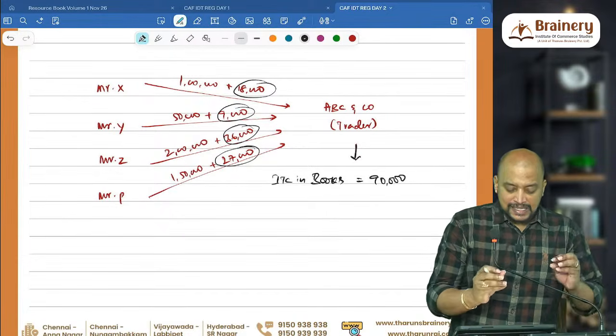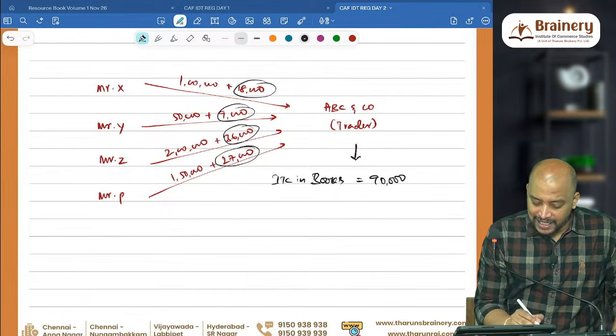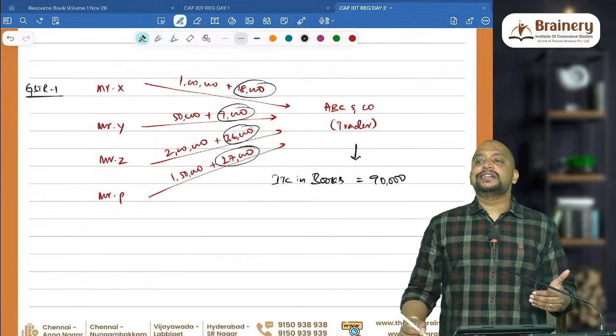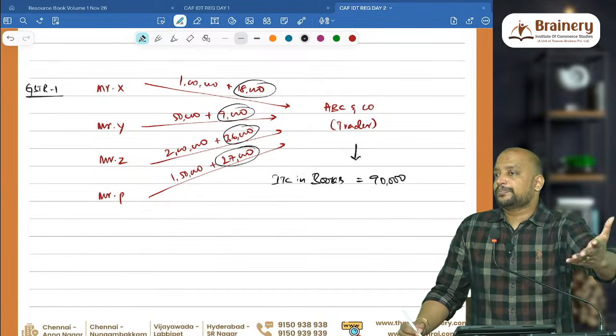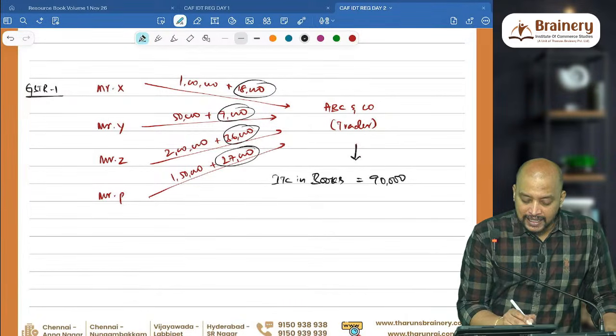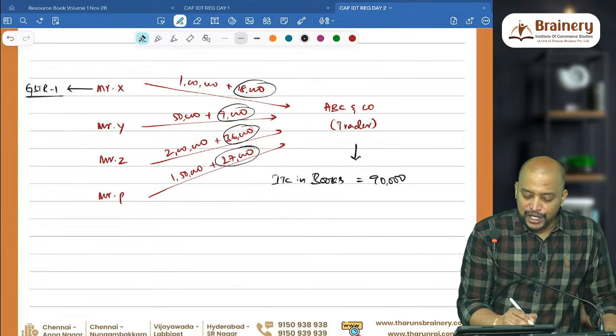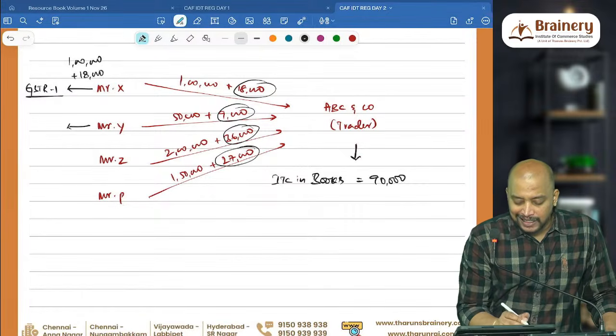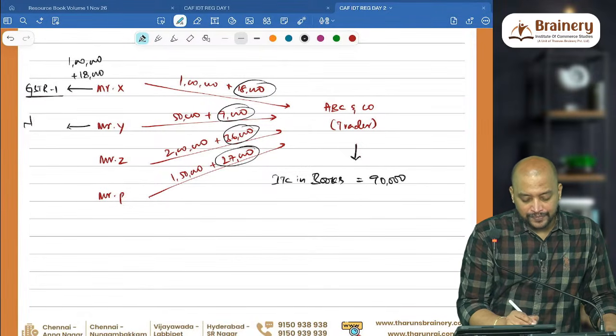Now what happened? Mr. X filed GSTR1. GSTR1 is a return that contains the details of outward supplies. Mr. X filed GSTR1, and in that he reported properly 1 lakh plus 18,000. Mr. Y did not file GSTR1, no GSTR1.